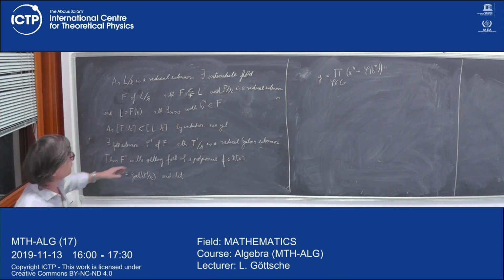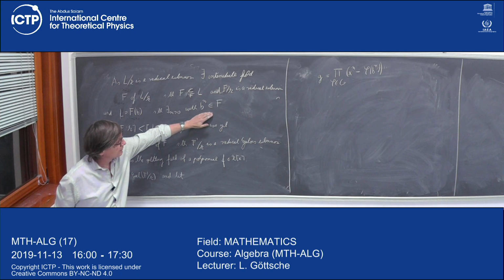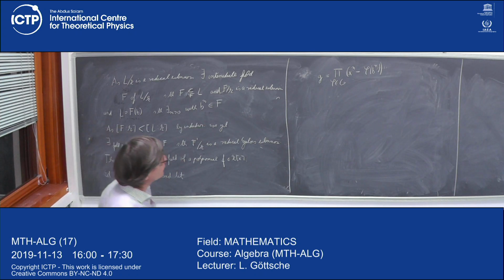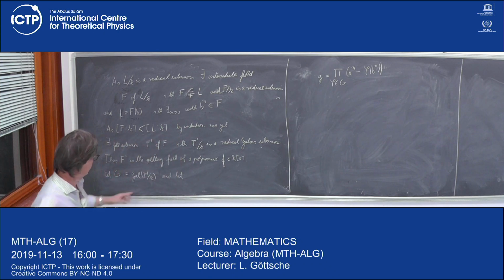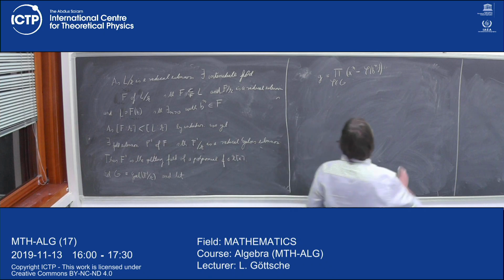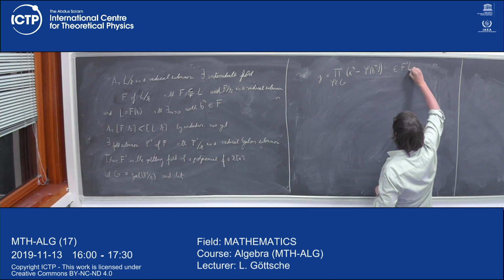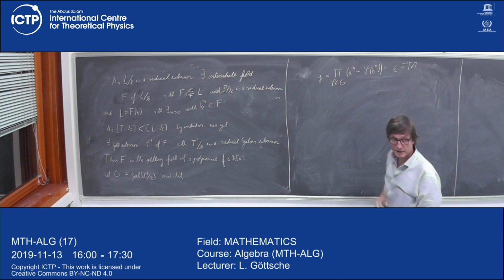So b to the n was this element in f, and this was the Galois group. So a priori this is a polynomial with coefficients in f prime.